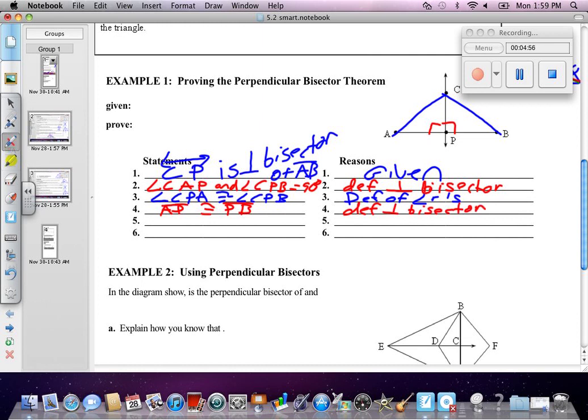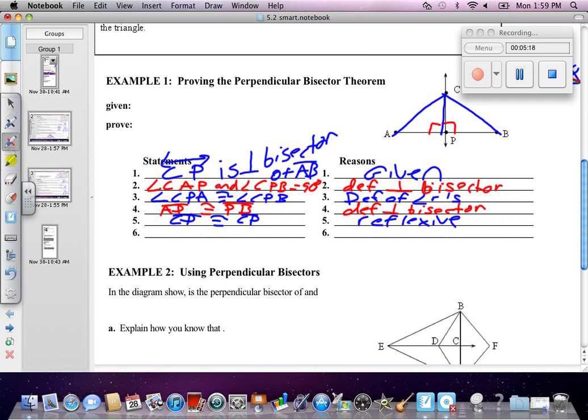We know that CP is congruent to CP by what? CP is congruent to CP by reflexive property. Is that a definition of right angles? Yes.